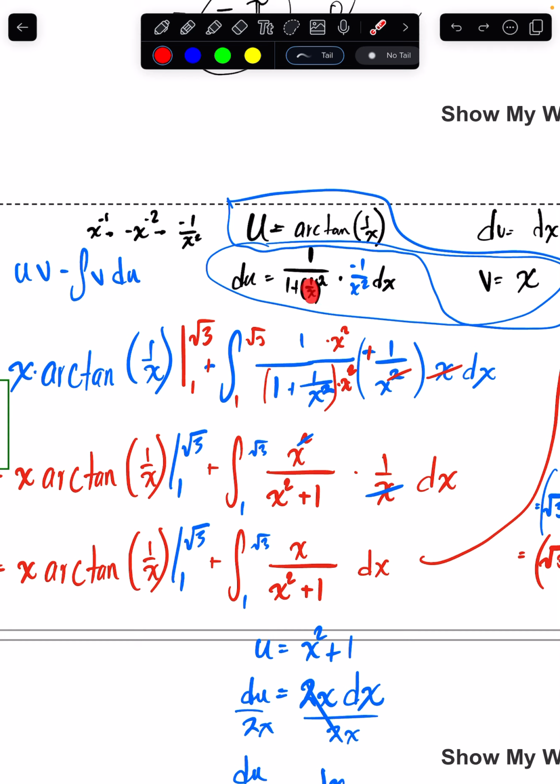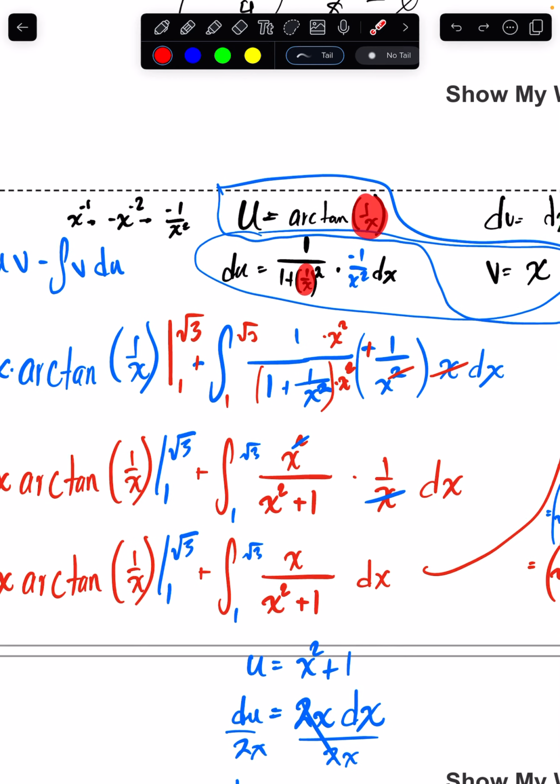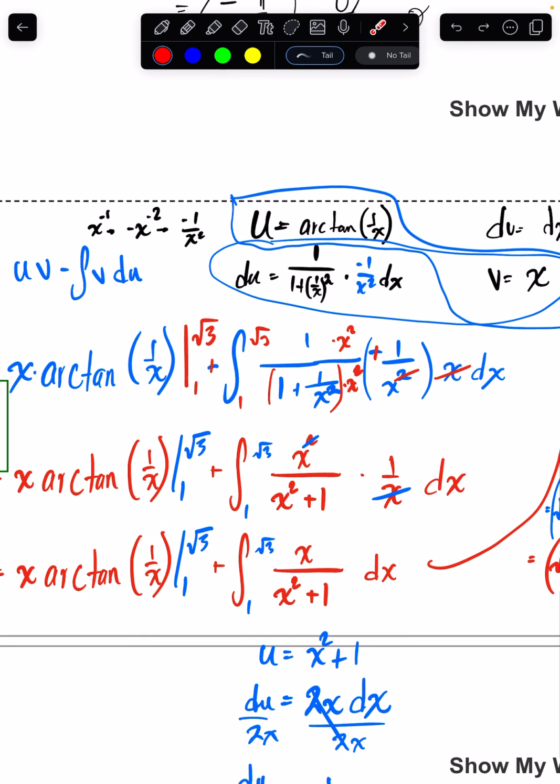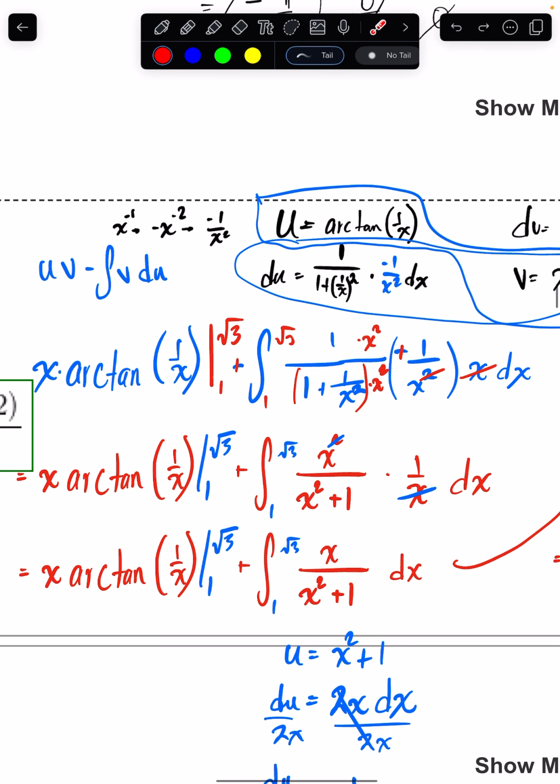It should be x squared, but since our x value overall is 1 over x, we just carry that on. And then multiply that by the derivative of 1 over x, which is negative 1 over x squared.